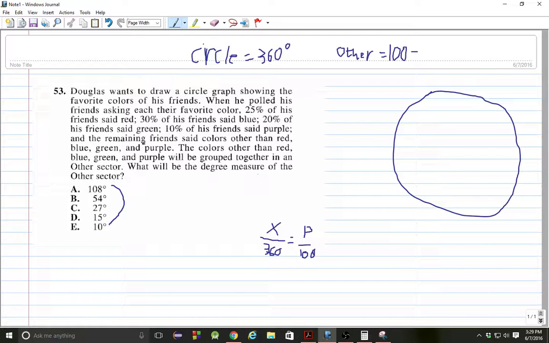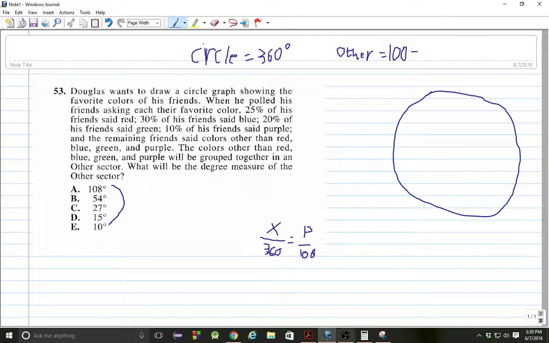So if you add that all together, it's 85%.